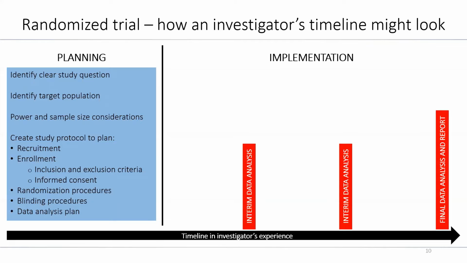These interim data and analysis reports provided by the study team are critical to this process so that the trial can be halted early if the intervention appears to be causing unexpected harms, or it could be halted early because that trial may be demonstrating such a critical benefit to patients that it would be unethical to go forward with the trial and not get these therapies out into the world for patients.